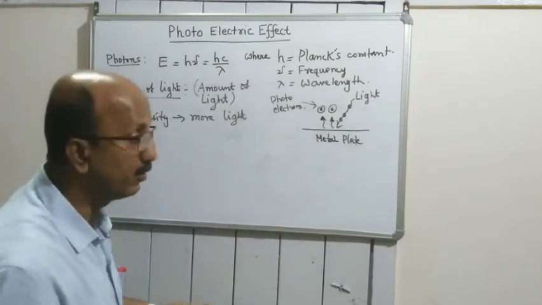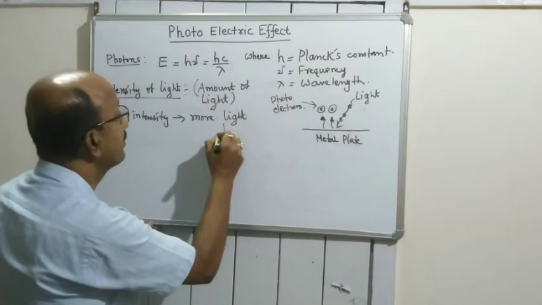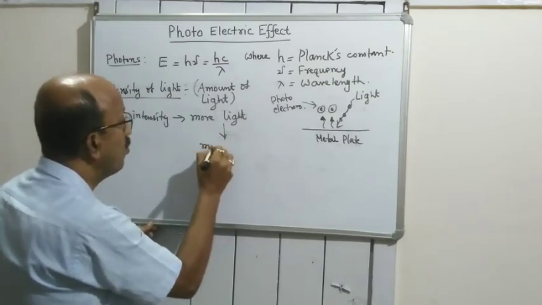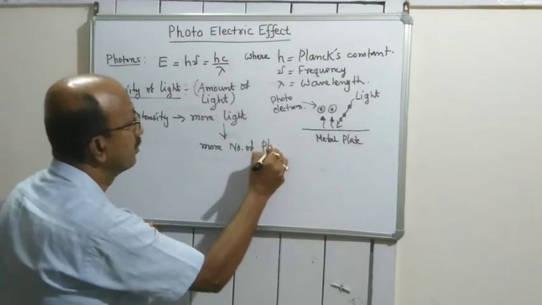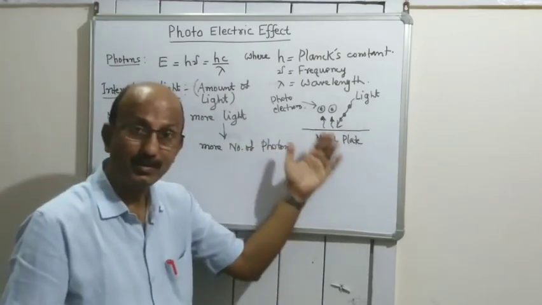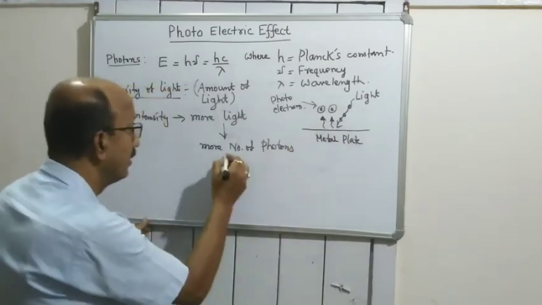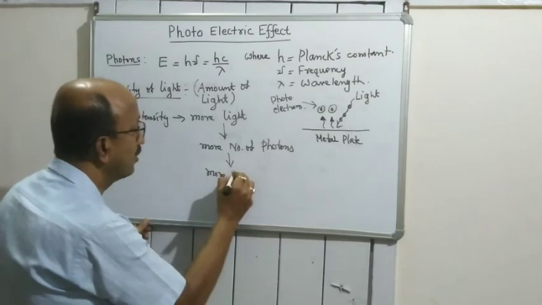And you know that light consists of energetic particles called photons, and more light means more number of photons, and more number of photons means more number of photoelectrons.